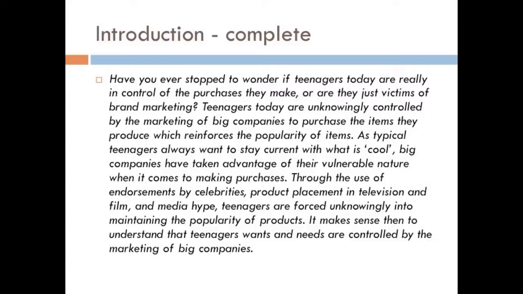As typical teenagers always want to stay current with what is cool, big companies have taken advantage of their vulnerable nature when it comes to making purchases. Through the use of endorsements by celebrities, product placement in television and film, and media hype, teenagers are forced unknowingly into maintaining the popularity of products. It makes sense then to understand that teenagers' wants and needs are controlled by the marketing of big companies.